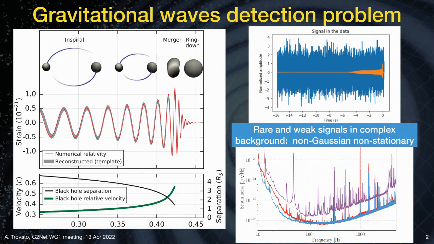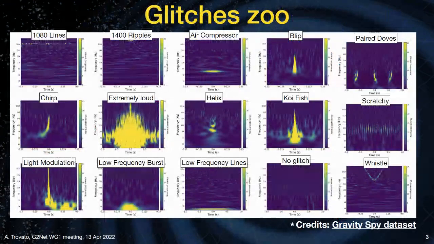So we usually operate in the bucket around 100 Hertz, and below 10 to 20 Hertz and above 1000 Hertz, we are dominated by the noise. Then, as you all know, besides the stationary noise that is always there, there are the glitches.